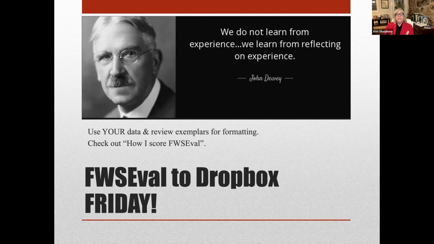You can look at the exemplars, the student examples for the final written self-evaluation, and you can look at how I score the final written self-evaluation. It's all about formatting. We don't use real MLA, it's MLA-ish, because usually you do not cite a reflection journal entry in an academic paper.